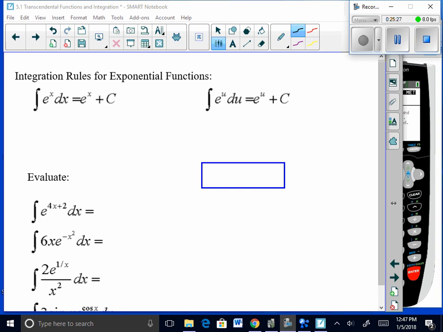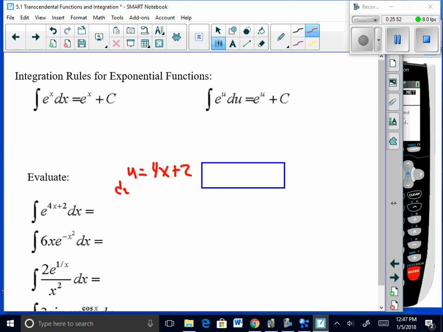If it's in the form e to the u, then it's e to the u plus c. Okay, but we do need to do a little bit of u substitution because of the derivative of the u. So right here, my u right now would be the 4x plus 2.